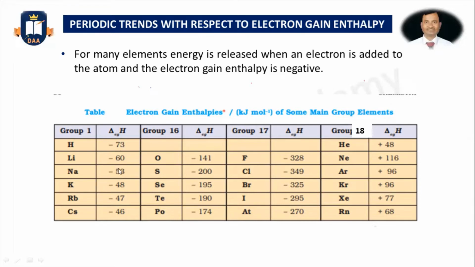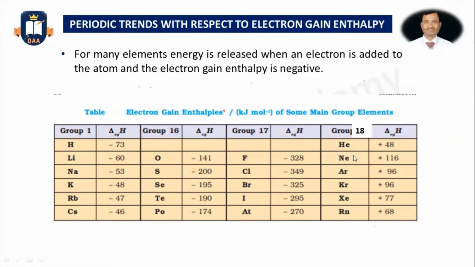Here you can see in this table, for hydrogen it is minus 73. In group number 1, for lithium, minus 60, and in group 16, oxygen, its electron gain enthalpy is minus 141. For group number 17, the first element fluorine, the electron gain enthalpy is minus 328.